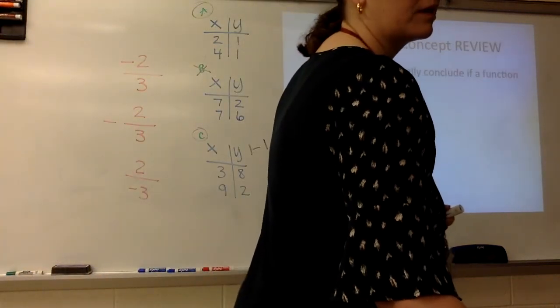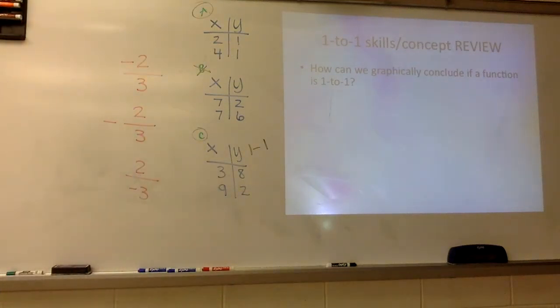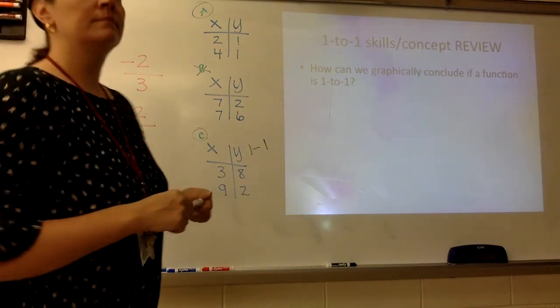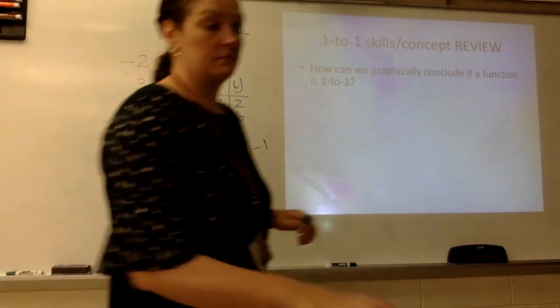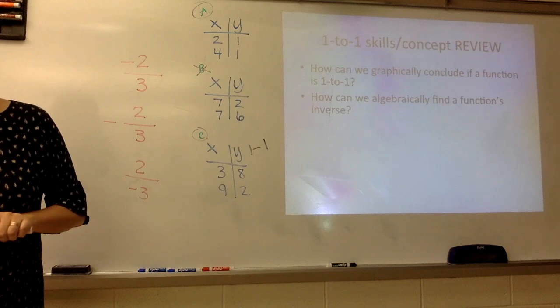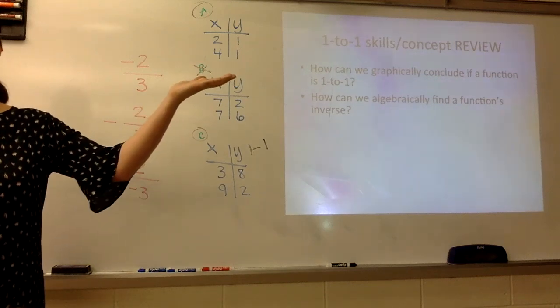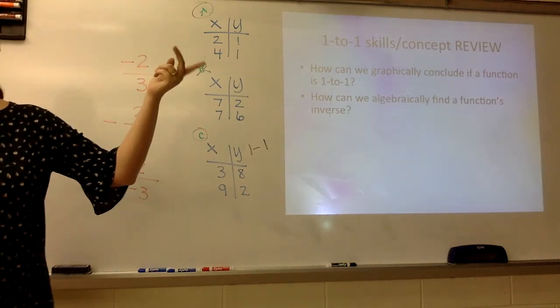Okay. All right, questions I could ask you on the test. How would we conclude graphically if a function is one-to-one? Horizontal line test. Sounds good. Number 2, how can we algebraically find a function's inverse? Here's a function. What's its inverse? Invert x and y, resolve for y.